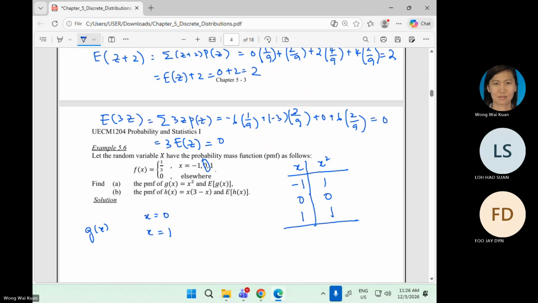Then my g(X) is X squared, right? So when my g(X) is 0, that means my X is 0, right? And when my X is 0, according to this, the probability is 1/3. So I have 1/3 alone.